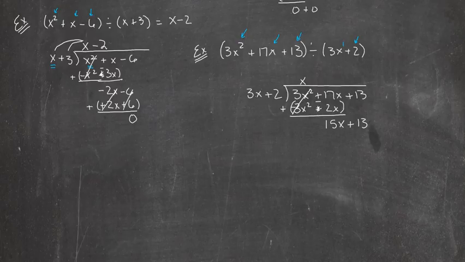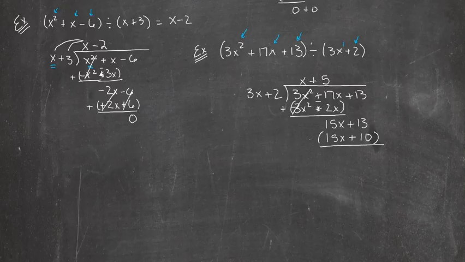Now, what do I have to multiply 3x by to get 15x? Well, a positive times a positive is a positive. 3 times 5 is 15, and 1x times no more x's is 1x. Okay, I think I'm good. 5 times 3x is 15x. 5 times 2 is 10.